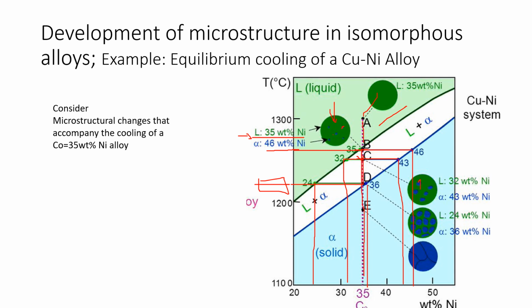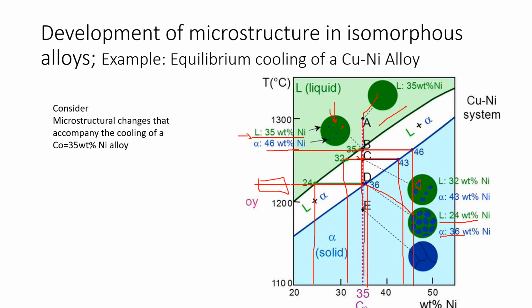The grains at point C are slightly developed further, and at point D, most of the solid grain boundaries with minute amount of liquid is formed over here. Liquid is 24% by weight of nickel, solid is 36% by weight of nickel at point D, and the solidification process is now virtually complete.